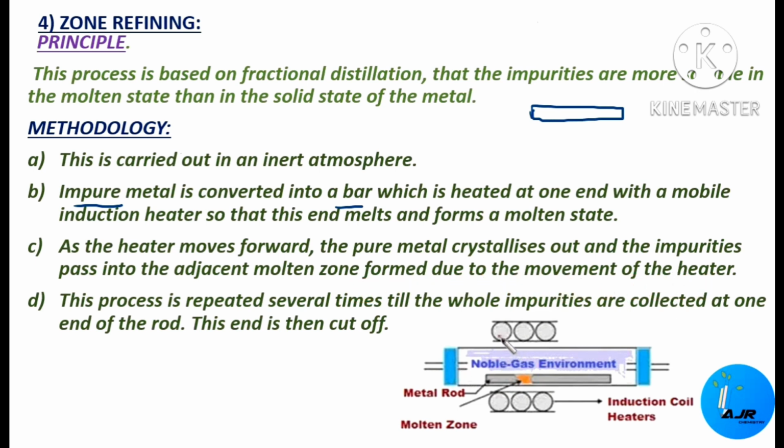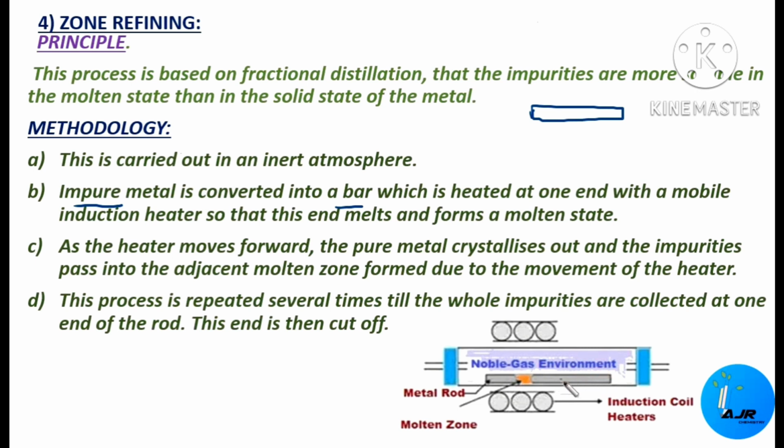This mobile induction heater will be heating this impure metal bar, and it will be continuously moving from one end to the other end. When it is moving, this bar will be getting converted to a molten state, and again when it is moving, the next adjacent zones will be getting converted to a molten state.